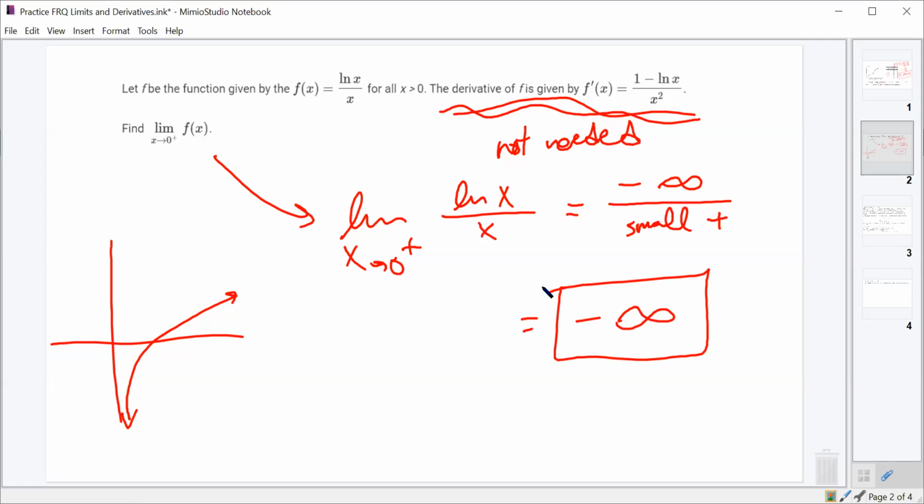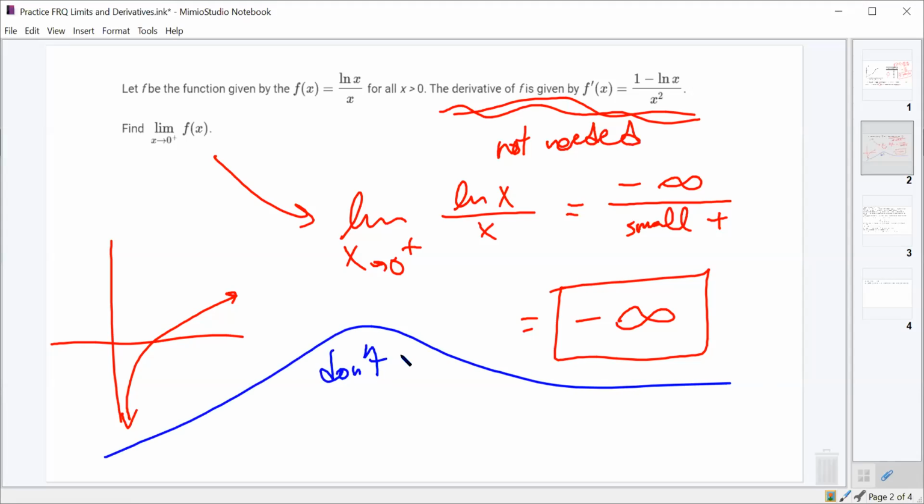What would happen if you tried to use L'Hopital's rule? You'd end up with 1 over x. In fact, let's write this out. I will make the caveat that we shouldn't be doing this. Don't use L'Hopital's rule for this one.